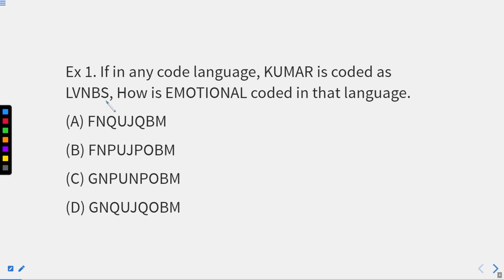I'll explain it calmly. First you need to see how the K of Kumar is coded as L. You already know the place value of K is 11 and of L is 12, so an addition of 1 is there. After K you add 1, after U you add 1. In a similar manner you'll get the complete code.